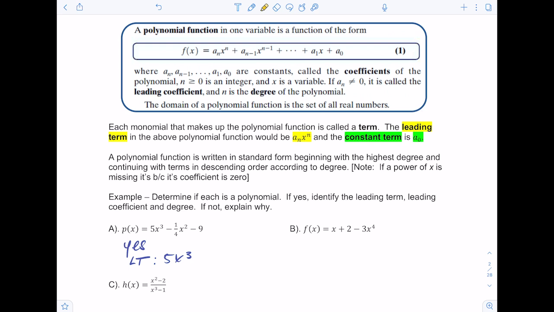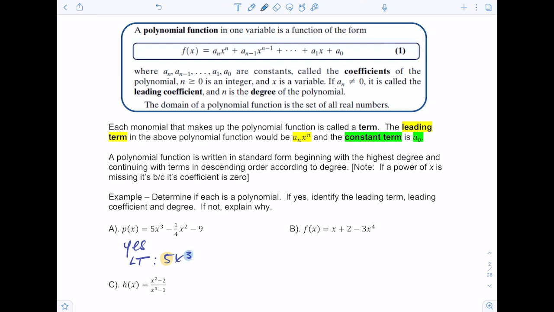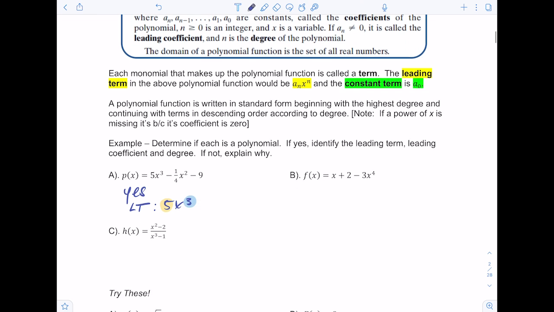So the leading coefficient would be 5, and then the power or degree would be 3. So 5 is your lead coefficient, and 3 is the degree. So this polynomial is degree 3.